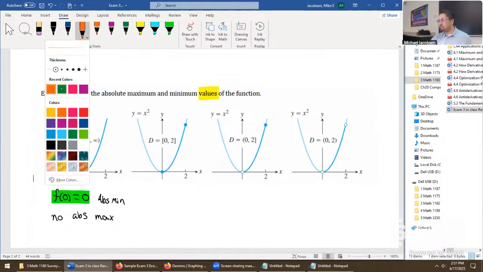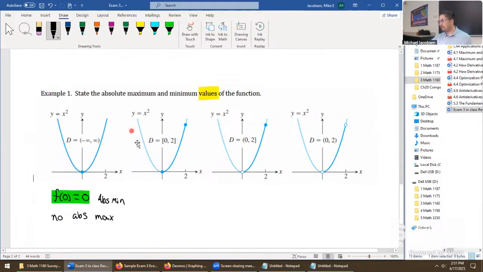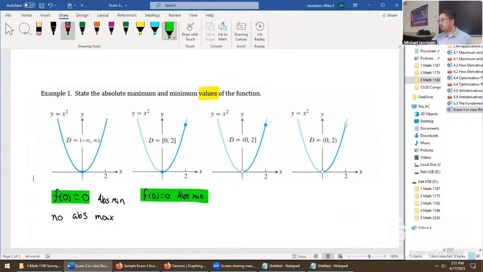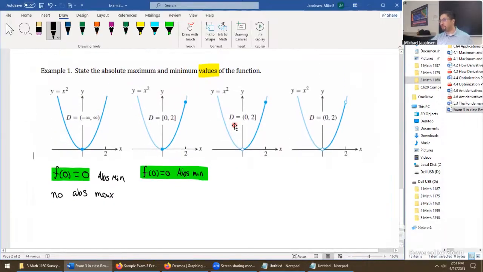On this one over here, let's see what we've got. We have an absolute minimum just like before. So let's say f at 0 is the absolute min like before. And on the next one, we have f of 2 resulting in 4 because the function is x squared is the absolute maximum. But there's a couple different ways you could write this out for full credit.